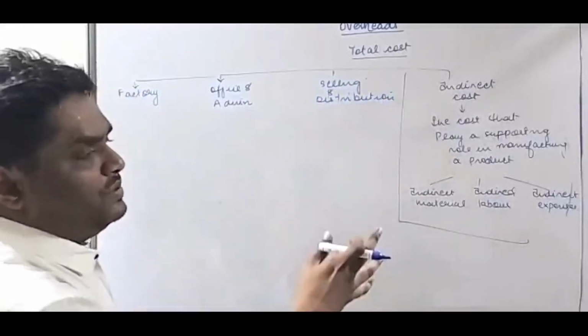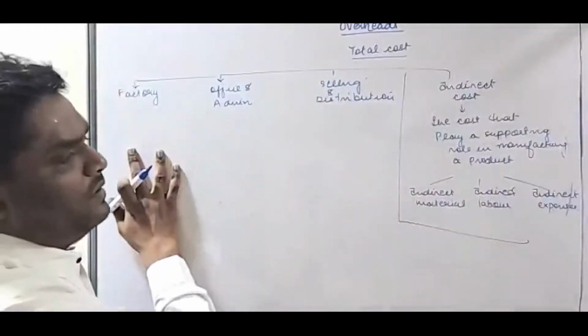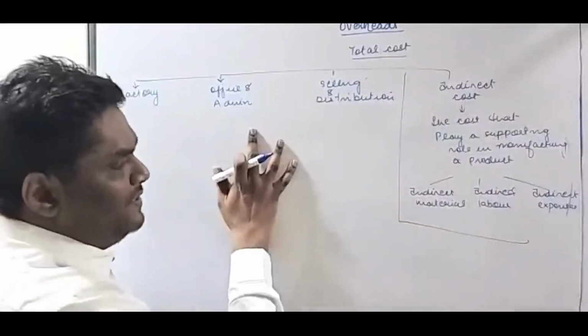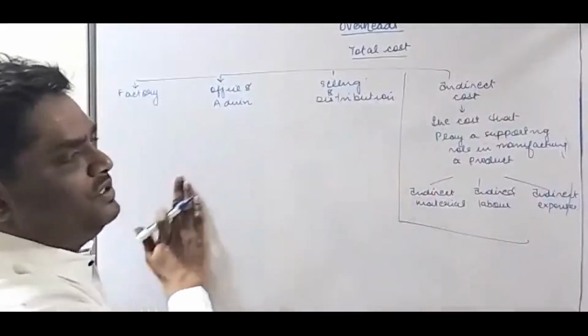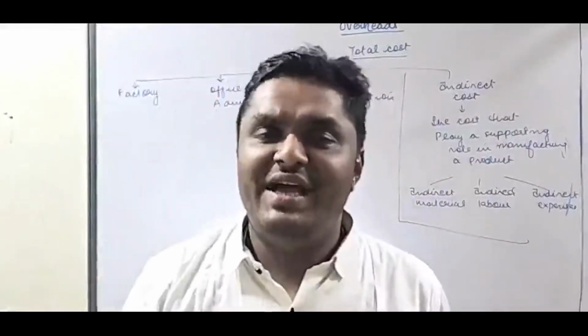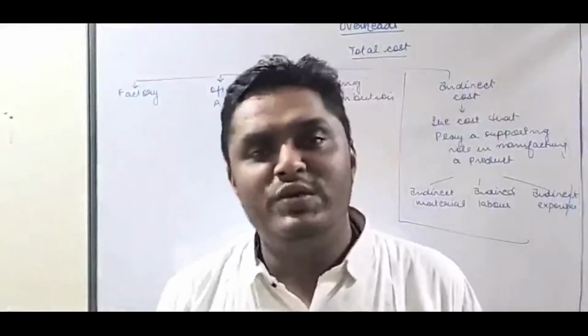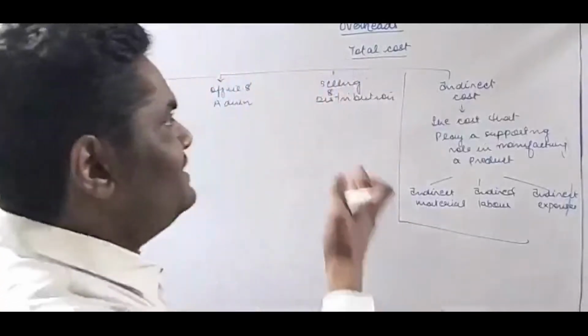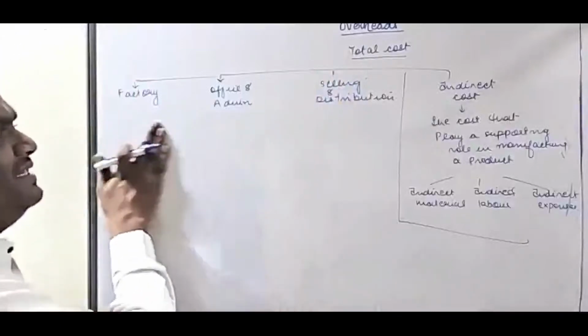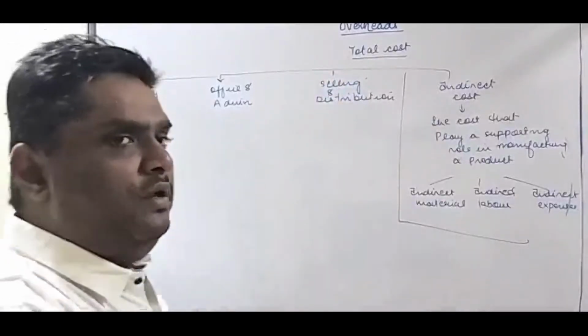So there can be uses of indirect material, indirect labor, and indirect expenses at factory level, at office and administration level, and selling and distribution also. So overheads are incurred at 3 stages. I'll now use the word overheads rather than indirect cost because we can use these words interchangeably.